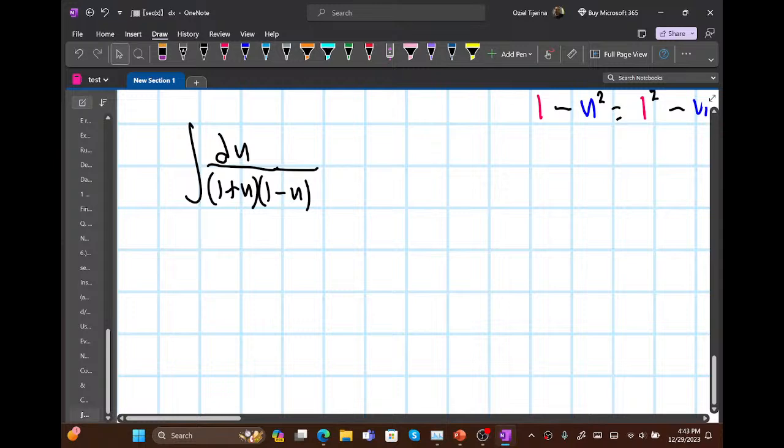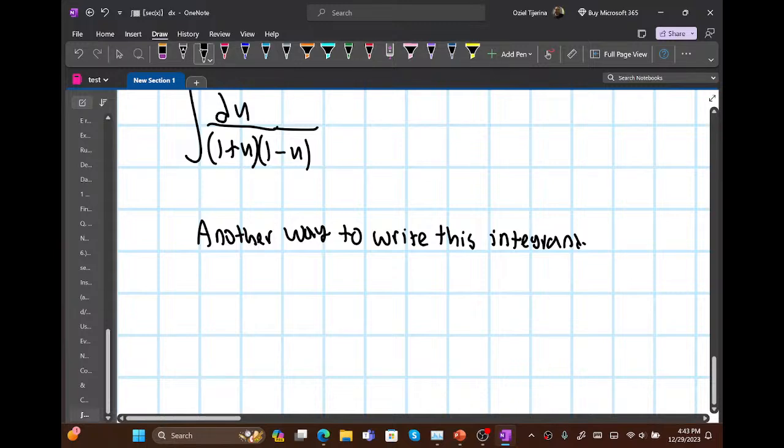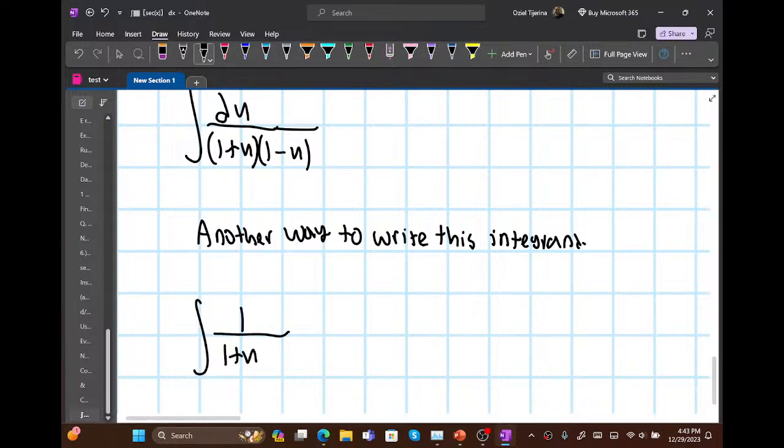This integrand, which is what we're integrating, is the integral of 1 over 1 plus u times 1 minus u du.